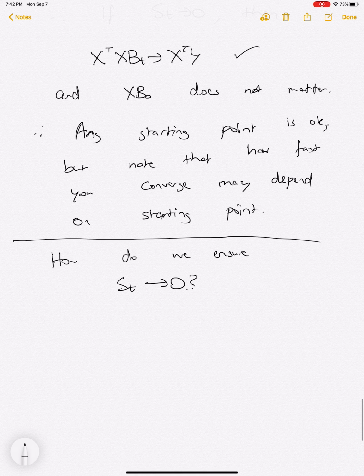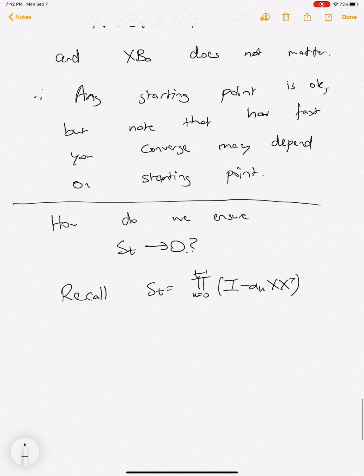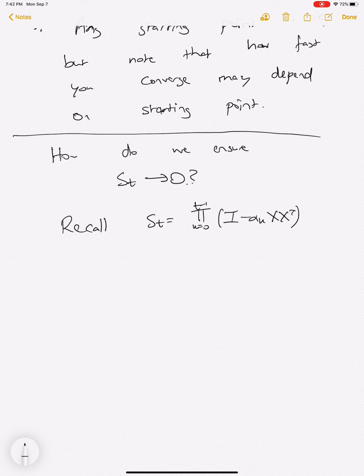Remember that S_t is this n by n matrix, which is the product of these t matrices that you're multiplying together. And so this really gets to the question of how do we choose step sizes?